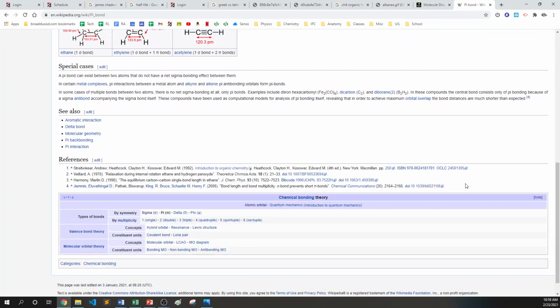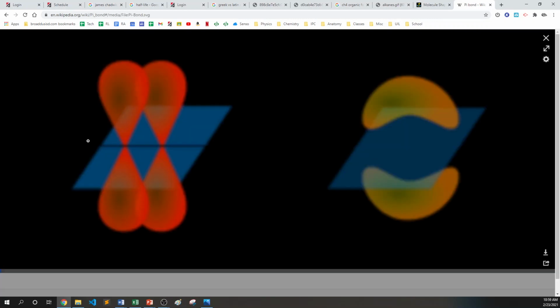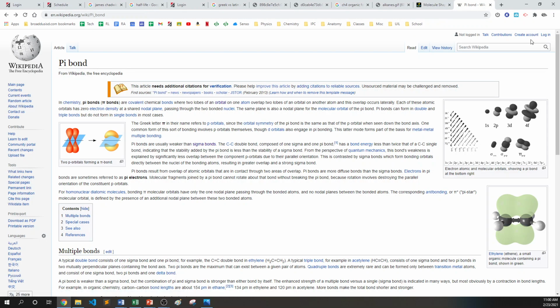And then pi bond is whenever they overlap like this. Sigma bonding is way stronger than pi bonding.